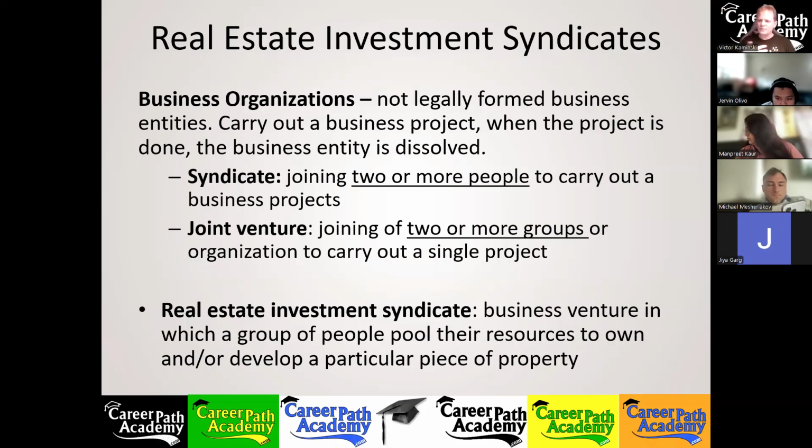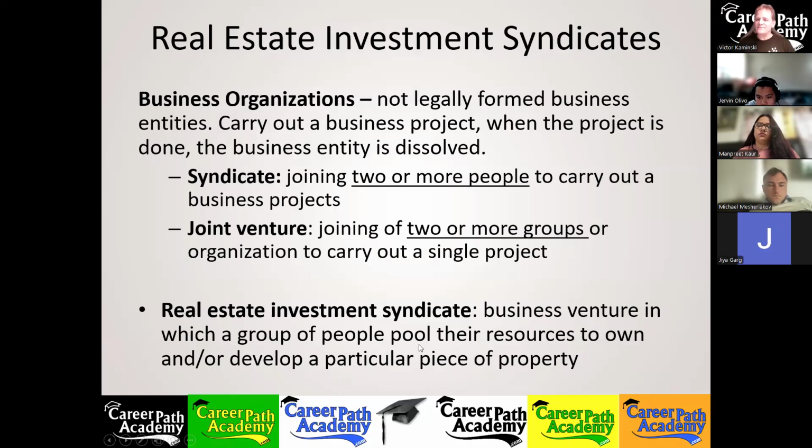This is just a project between you and I, okay? Or we could have two or more groups of people come together to carry out that business project. That's the same thing. You don't need to form a business entity, paying filing fees and getting all the paperwork done. That's just the difference between a syndicate and a joint venture.